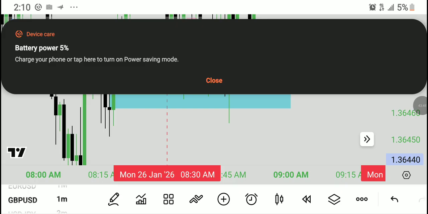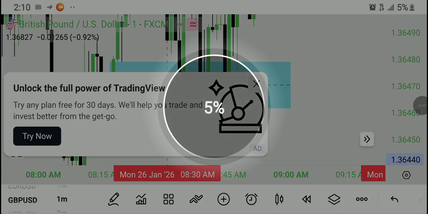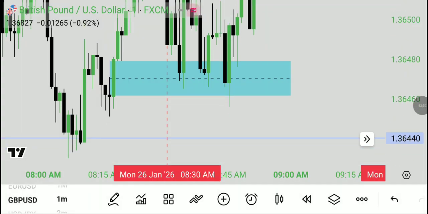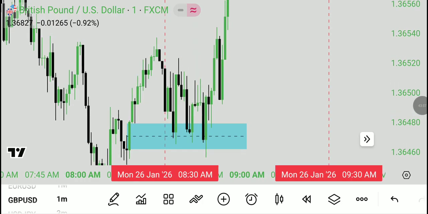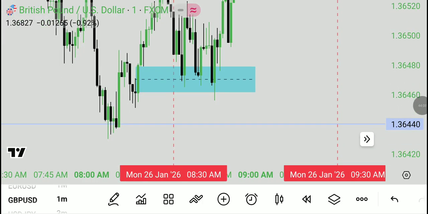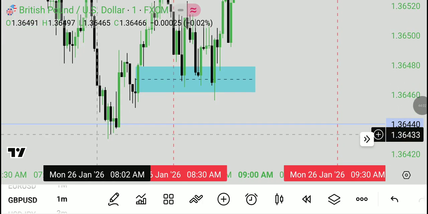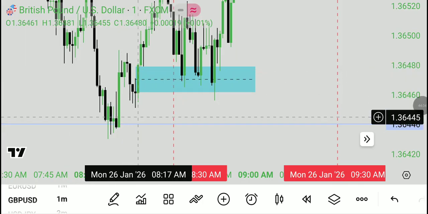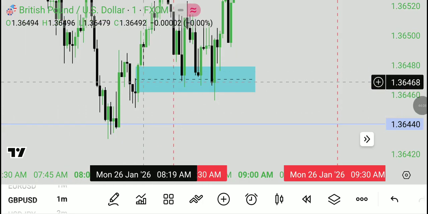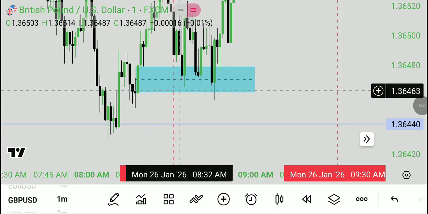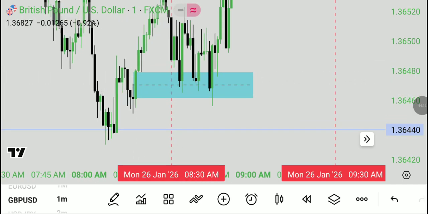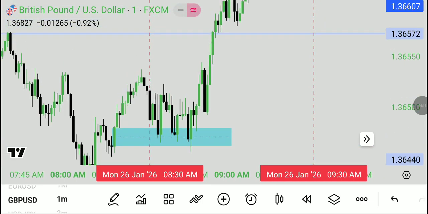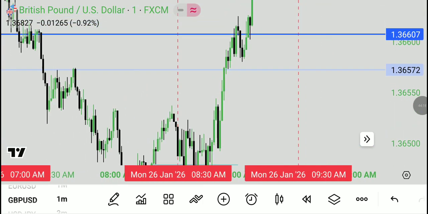You can see the market rises, comes down, rises again, and comes back this way. After 8:30, after the news event, they come down to this gap. Then they start pushing the market high to where the midnight opening price is.